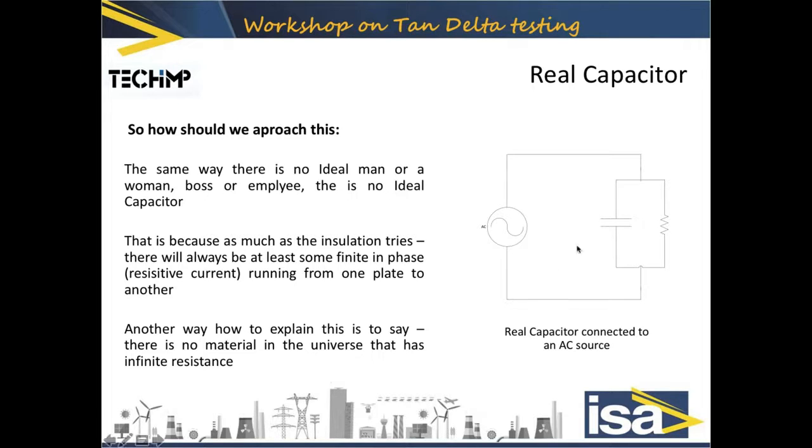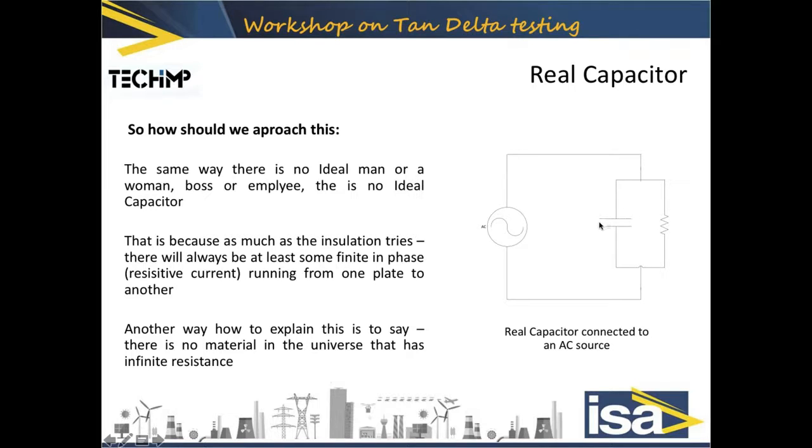So how can we make this ideal capacitor realistic? Well, we can make it realistic by adding a resistor in parallel with our previous ideal capacitor, and we are doing this simply because as much as the insulation tries, there will always be at least some small, finite, resistive current running from one plate of the capacitor to another. So in order to describe that resistive current, we are adding a resistive element.